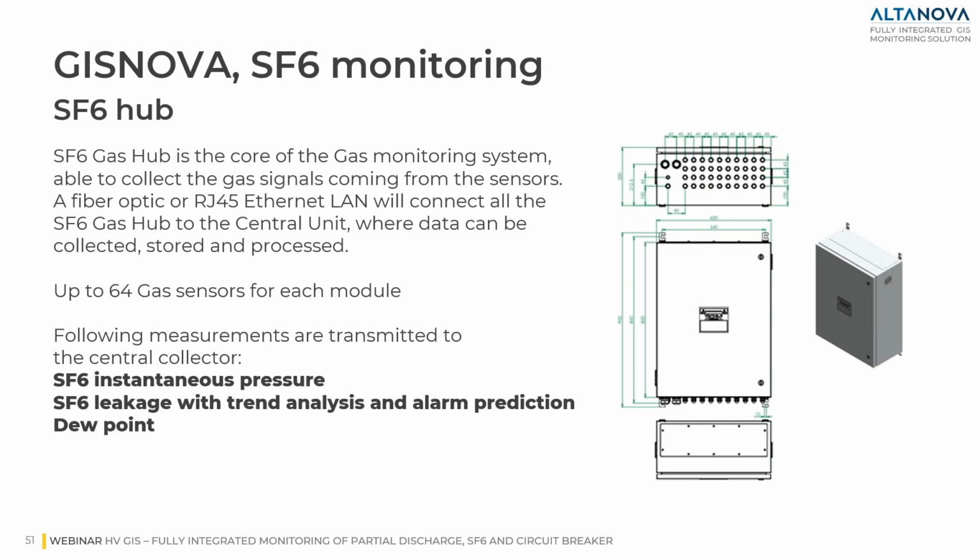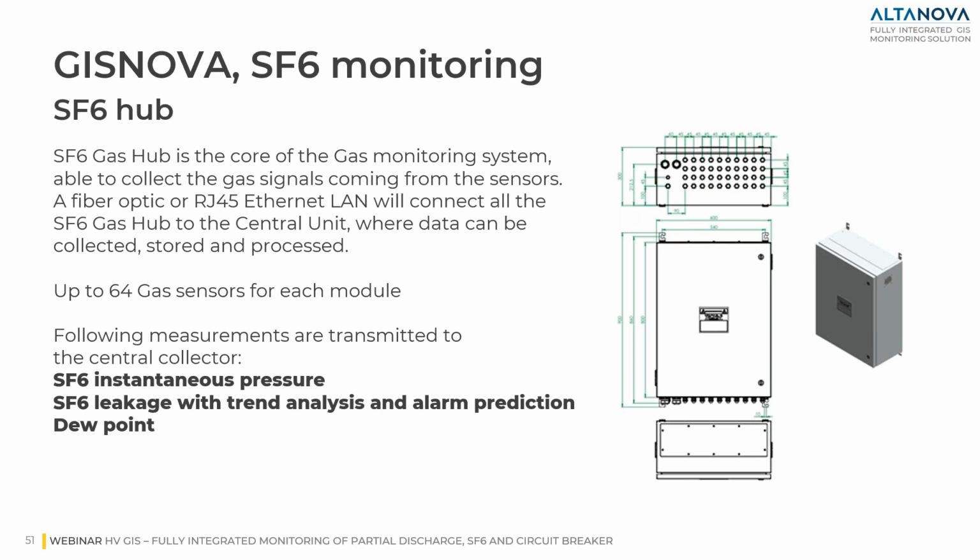We have connection through fiber optic or Ethernet to a central unit, or the SF6 hub can communicate directly to a substation SCADA. We normally transmit instantaneous pressure values, the leakage values, the trends, and even the alarm prediction.